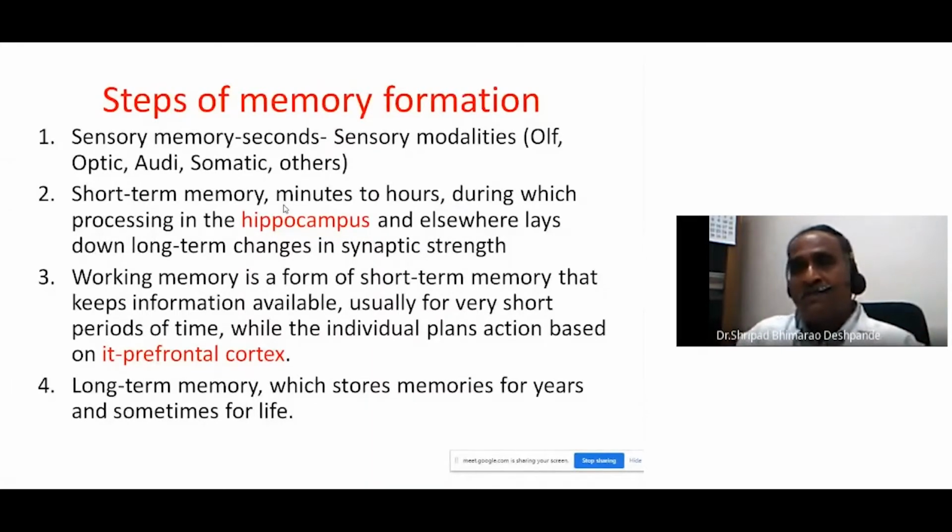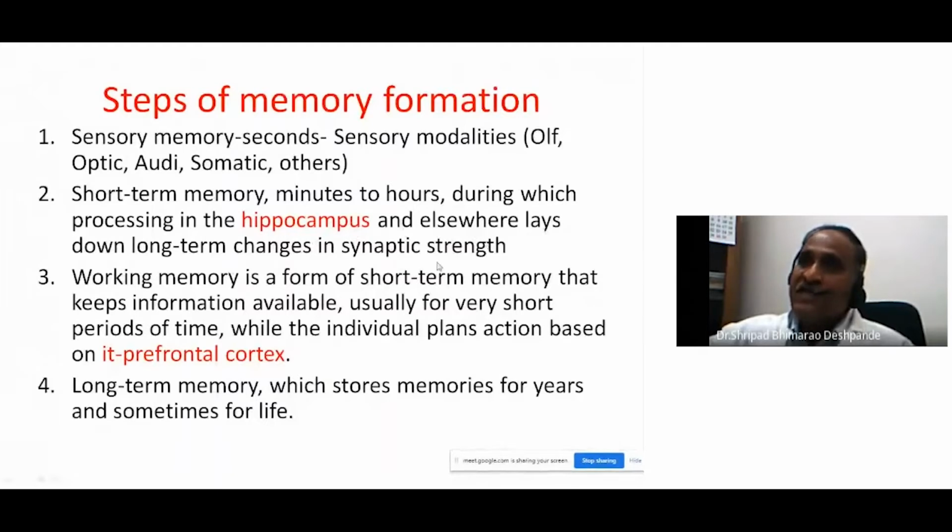As we watch TV news items, some we watch and forget, because we are not interested. Some we try to remember. So short-term memory is there for minutes, and then, according to relevance, the hippocampus decides whether to take it or not.